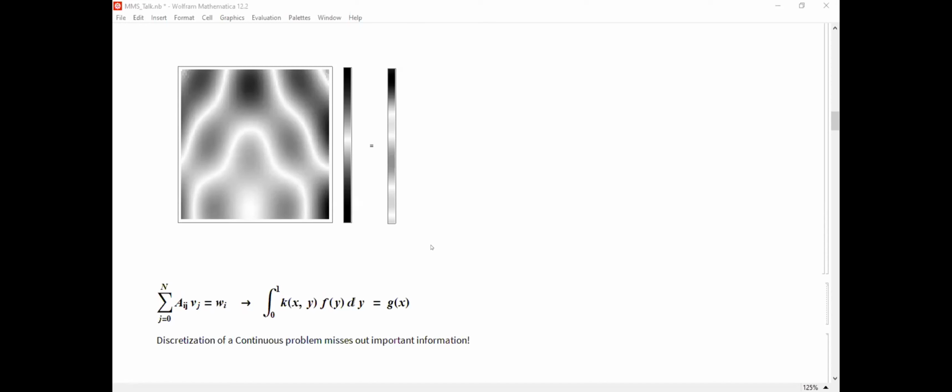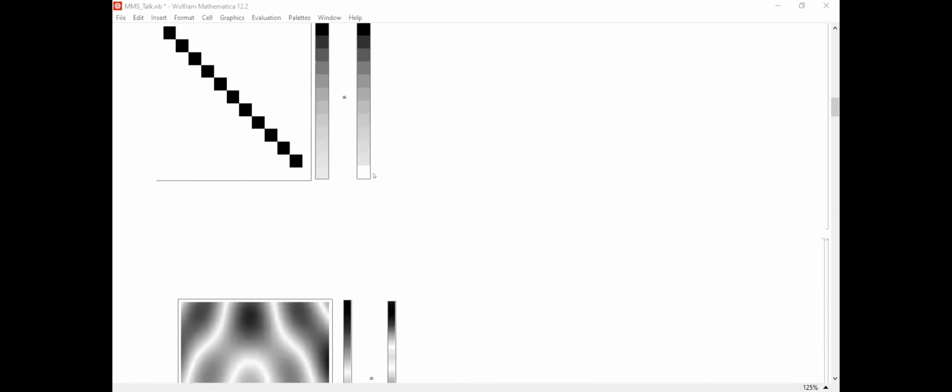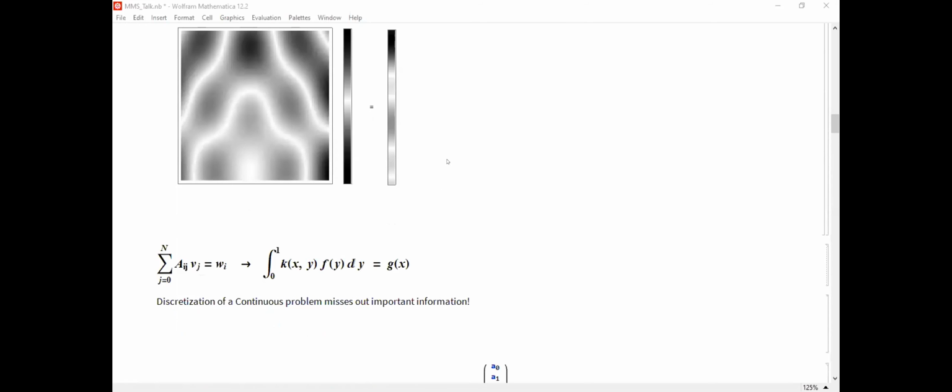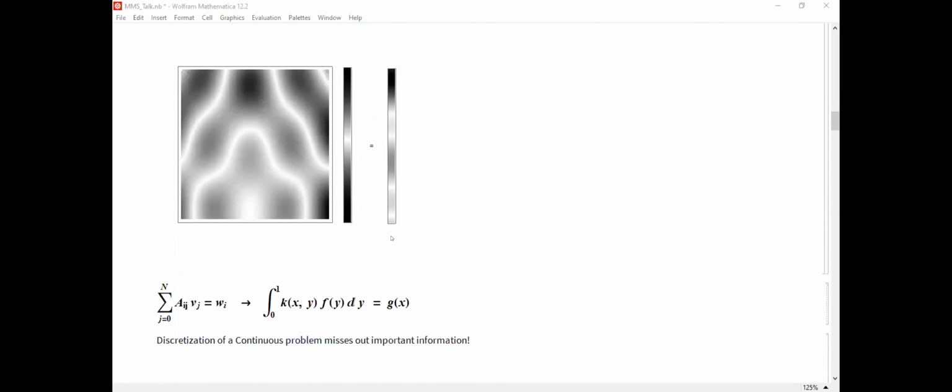Now, what I was trying to say before is that if you try to work out the eigenvalues of a discrete matrix, that misses out these approximate eigenvalues, and that would be very important if, for example, you take some continuous problem and you discretize it and then try to find its eigenvalues, that's going to miss out on the true eigenvalues of this continuous case.